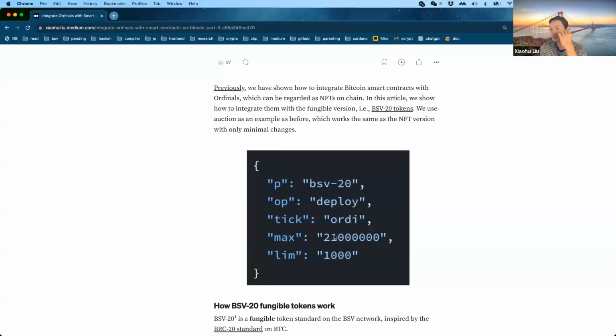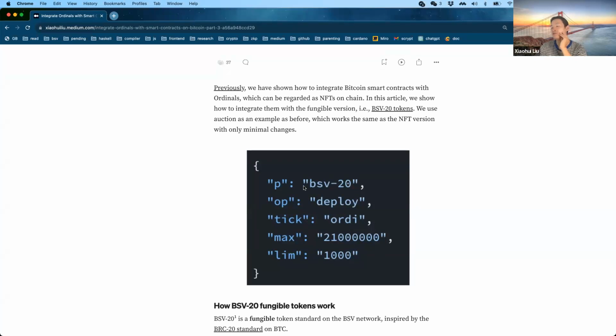In this case, we call it BSV20. It's similar to the idea of ERC20, and that's where the name comes from. So instead of inscribing a text or picture, you inscribe a JSON file to define all the rules of the tokens.